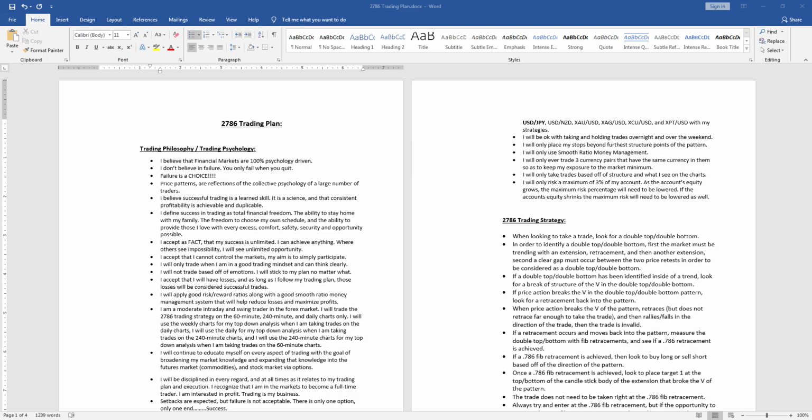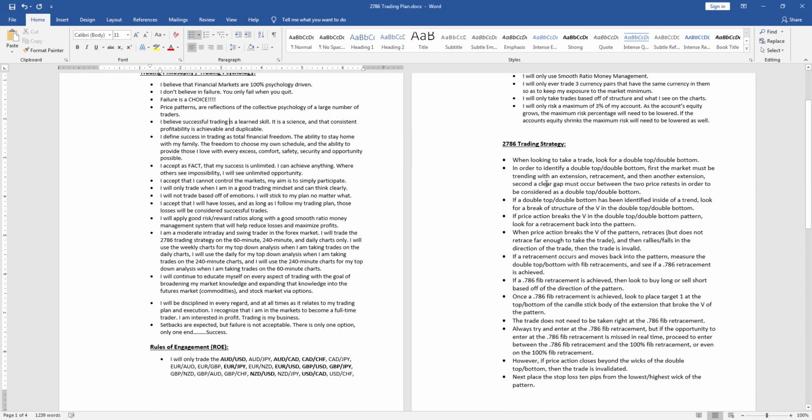I'm kind of thinking it was the 2786 strategy, or maybe it was the 2618. The 2786 strategy is a strategy that I developed based off of the 2618 strategy, and I'll go over the differences of the two strategies later. They're very similar. It's just when you enter and whatnot is the biggest and most defining feature of the strategy.